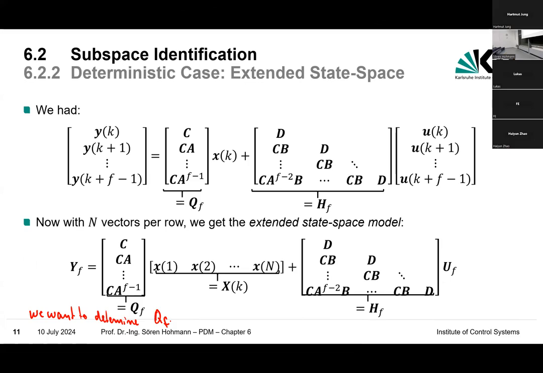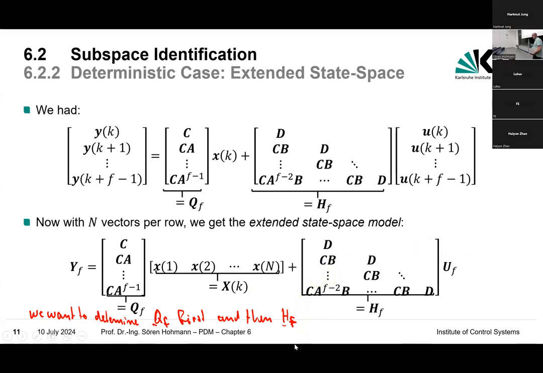QF first. And then HF. Okay, so now what we can easily get is, perhaps if the states are given, of course, then I get QF. If we can suppress somehow UF, right?